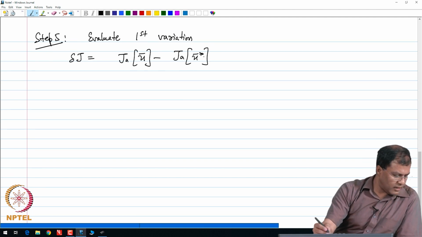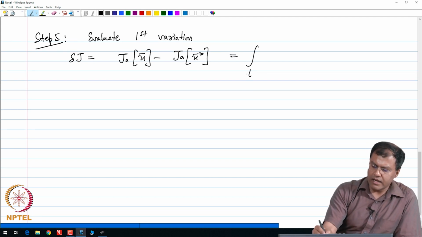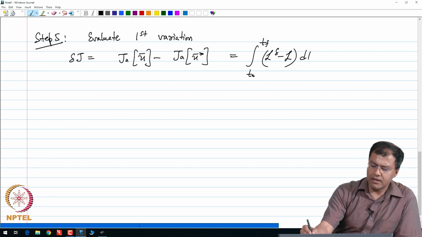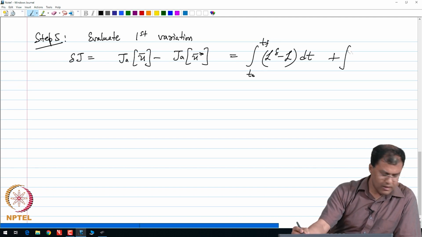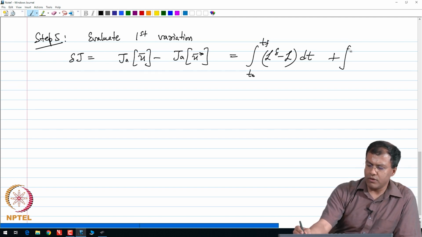Okay. So, this becomes the integral in the original interval of L delta minus L dt plus the integral from Tf to Tf plus delta Tf.